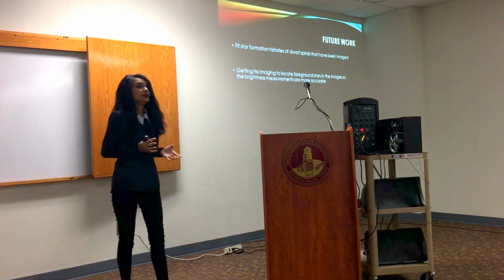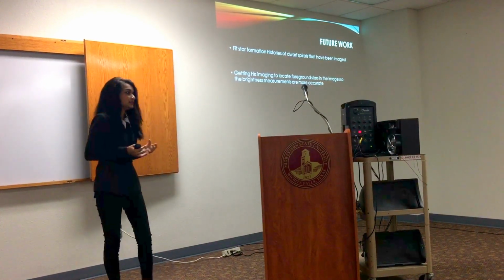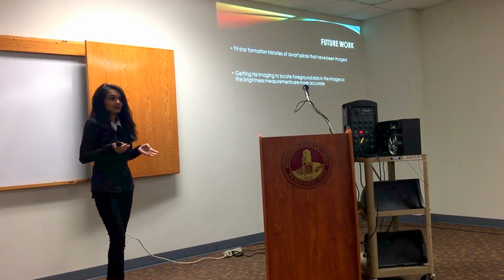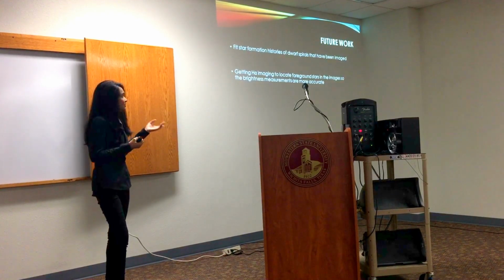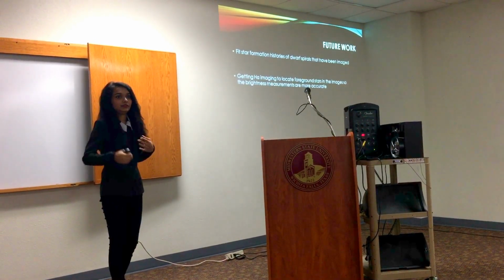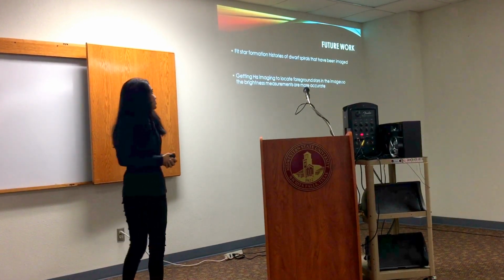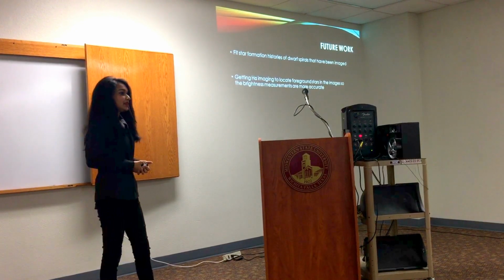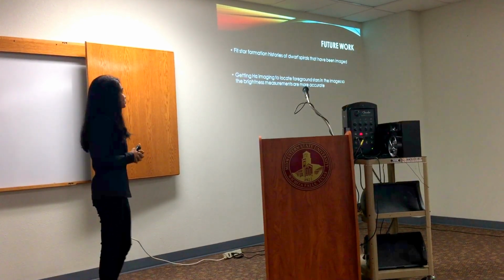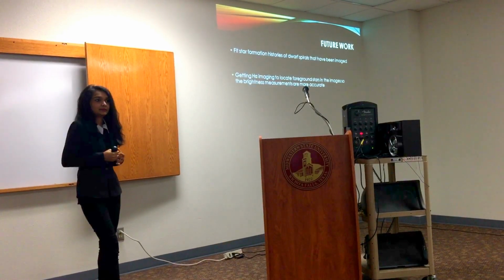In future, we hope to fit star formation histories of those spirals that we have imaged, because at present we only looked at one star formation history. So we hope to plot more of these for other galaxies. The next step is to improve the accuracy of our brightness measurements.